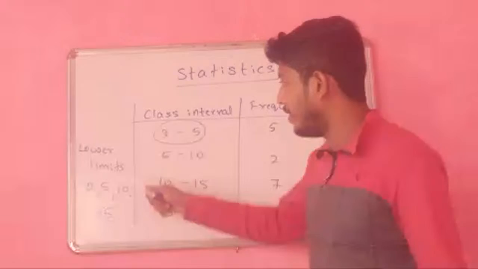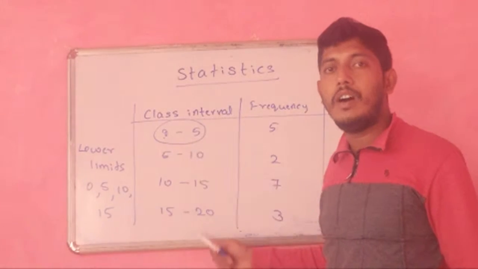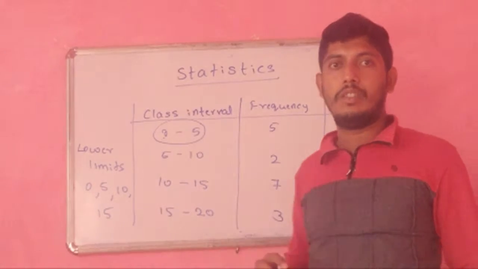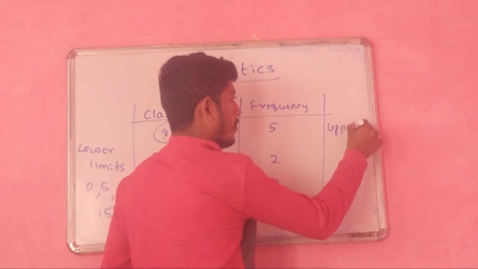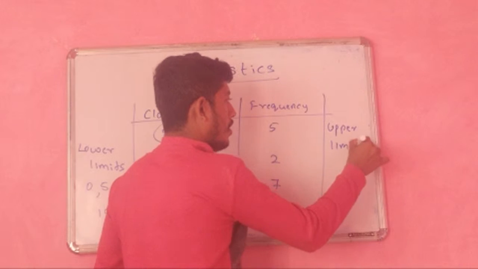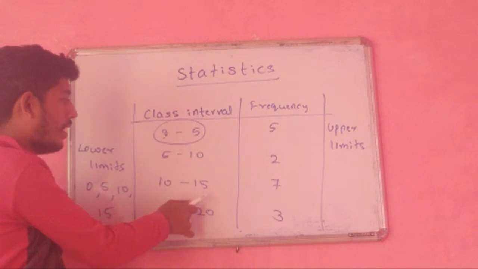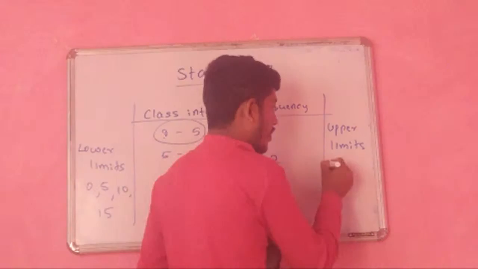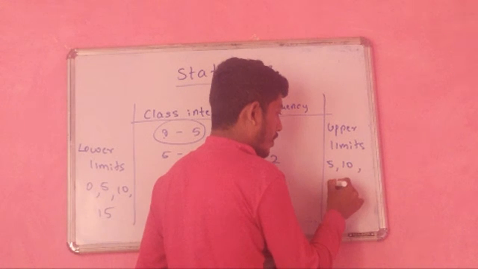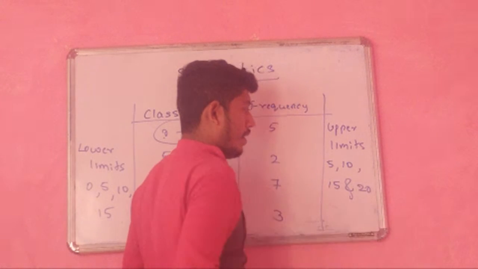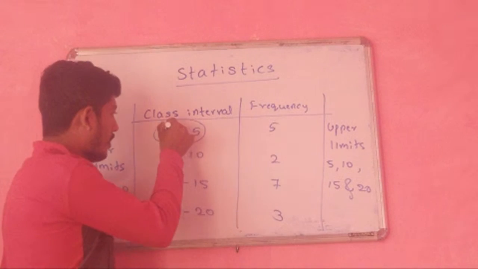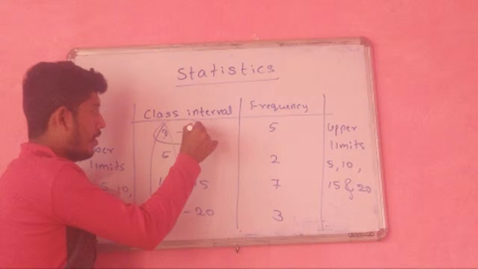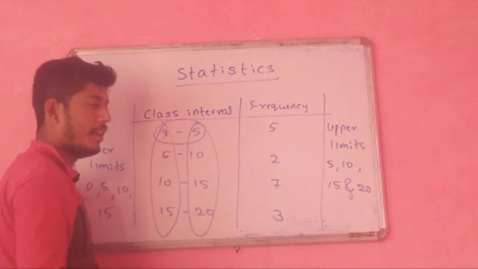Upper limit means the values which are present on the right hand side of the class interval. They are 5, 10, 15 and 20. So here these are the lower limits, these are the upper limits.